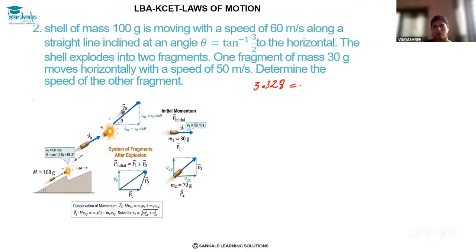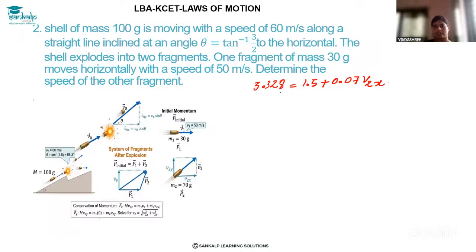3.328 is equal to 1.5 into 1.5 plus 0.07 v2x. Here v2x means the final velocity of the second fragment along the horizontal direction.